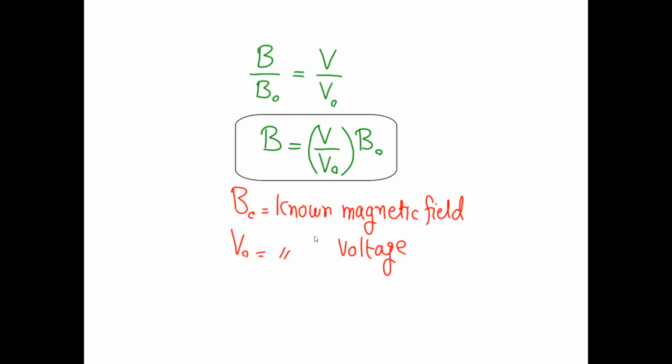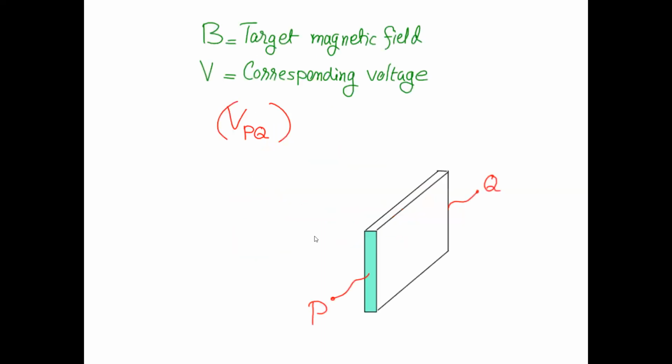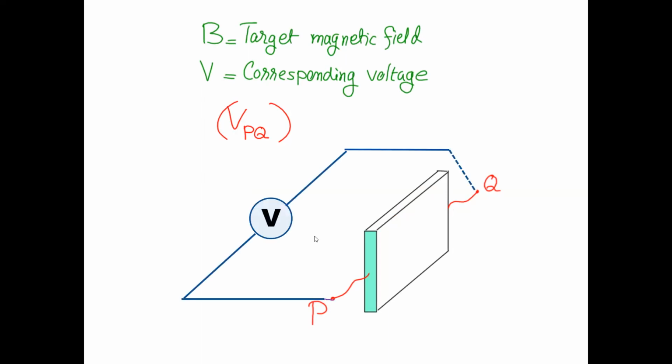Done, sir. B is equal to target magnetic field. Look at the circuit. This is the circuit we use for calibration.